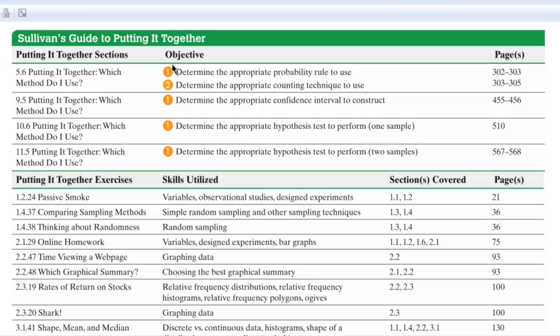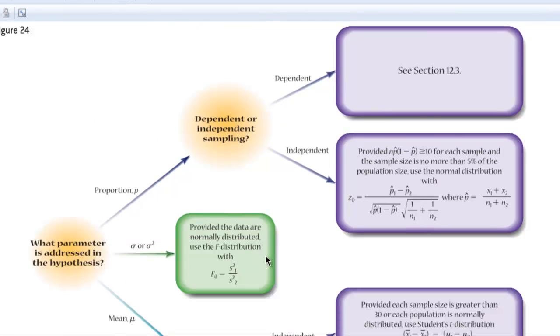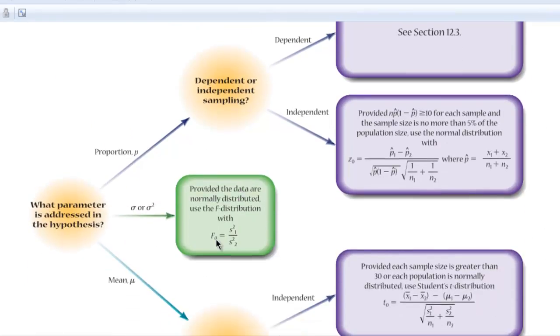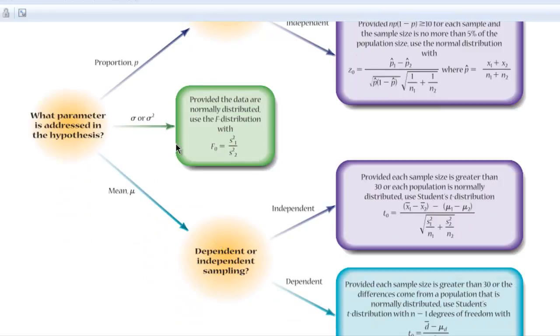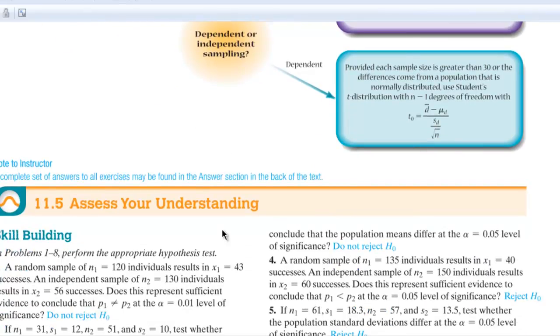For example, if you look in section 11.5, I have a putting it together section. The section has a flow chart which allows the student to follow logical questions to ask in order to assess the type of inferential technique to use. And then there are a mixture of various types of inferential techniques studied up to that point.